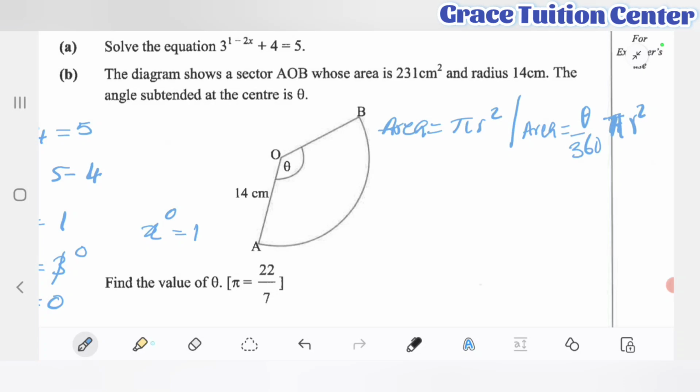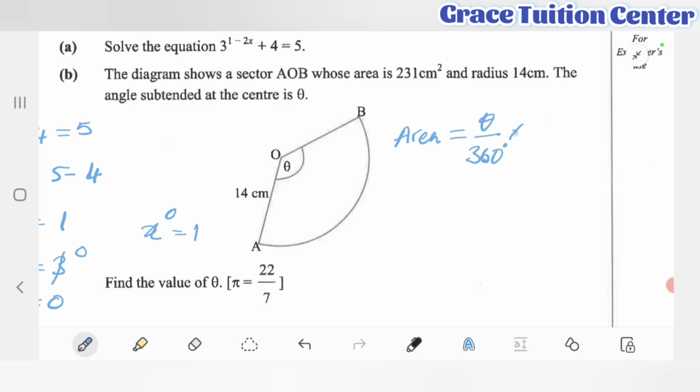We are going to use it to calculate the area of this sector. So the first thing that we are going to do is write down the formula. So area, since this is a sector, is equal to theta over 360 degrees multiplied by pi r squared.